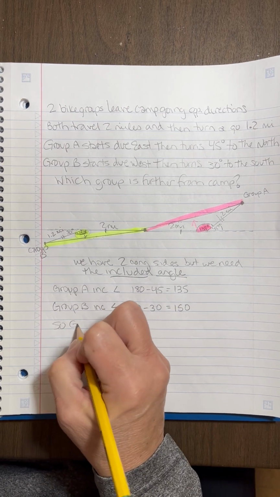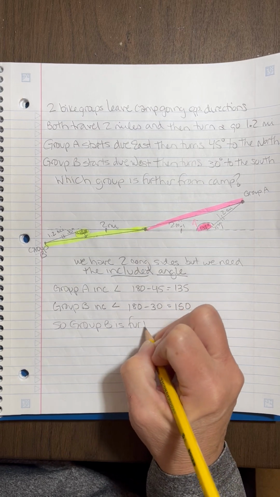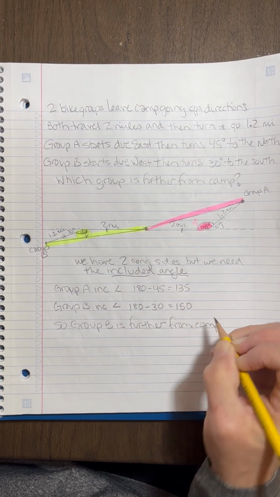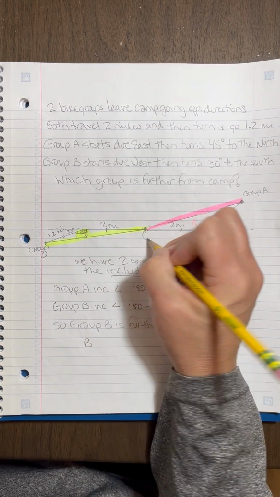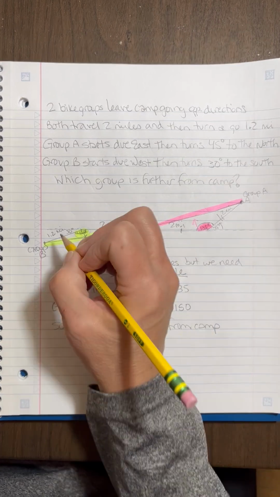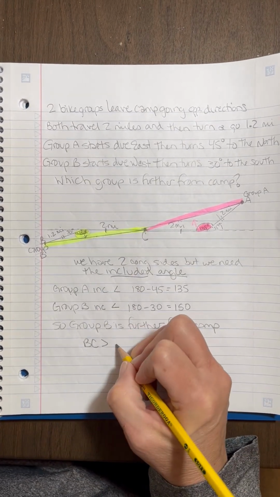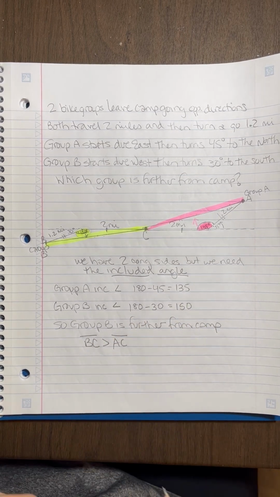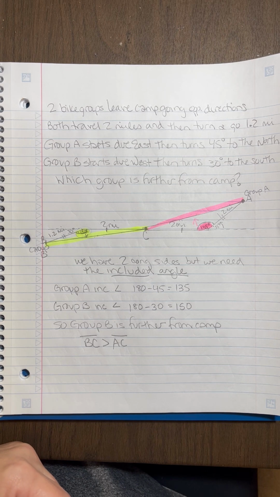So group B is further from camp because, I named these, there's camp, group A, group B, because BC is greater than AC. Okay, all right, that's it.